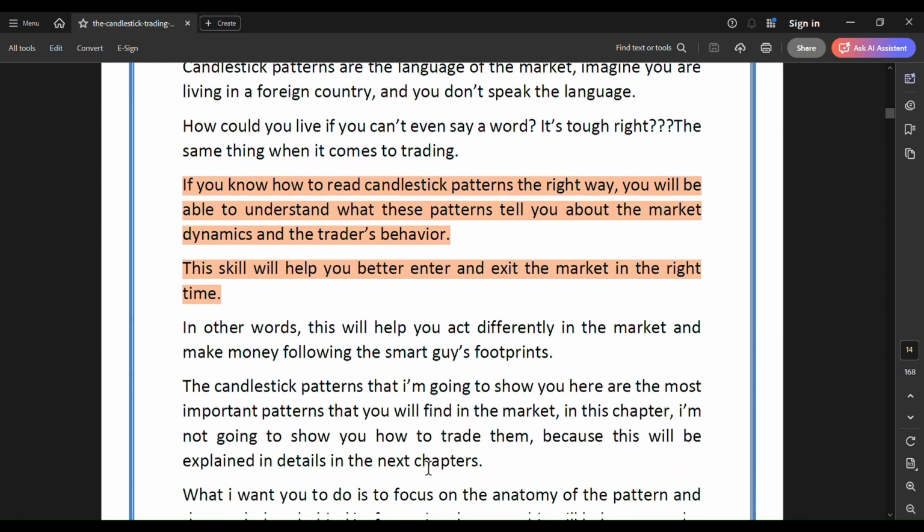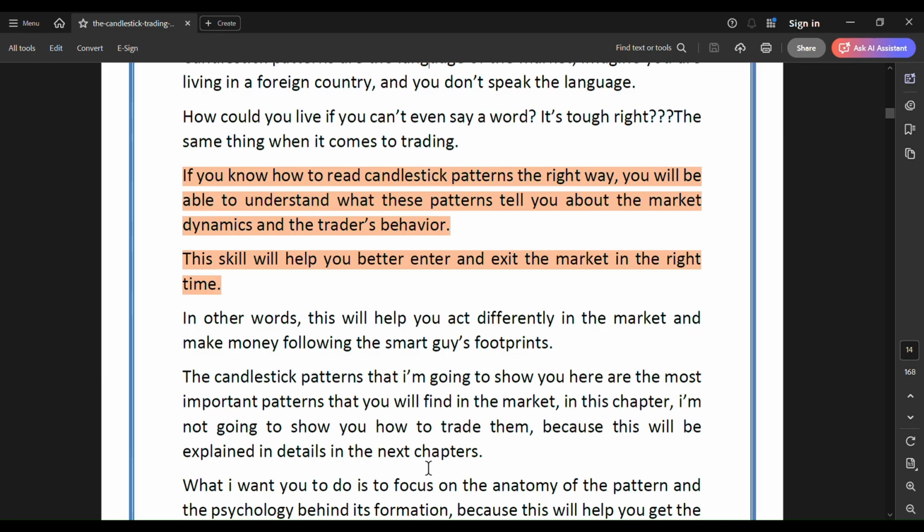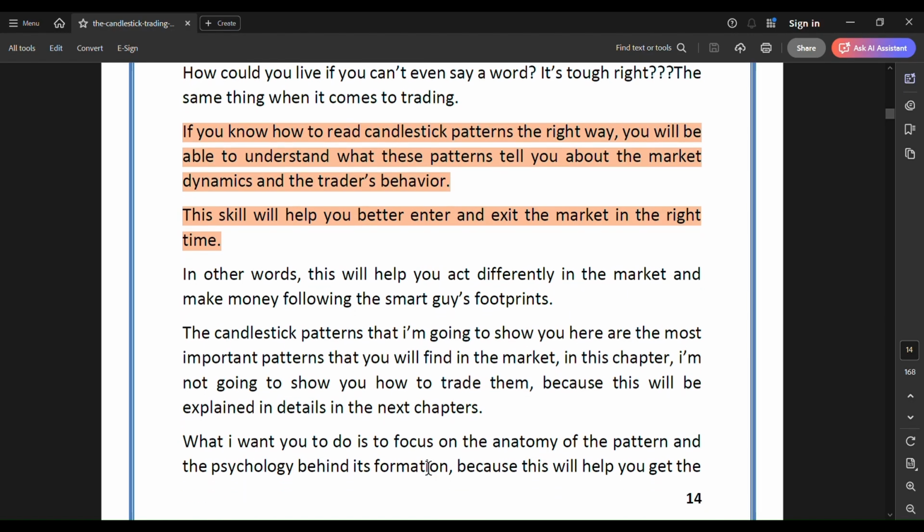If you know how to read candlestick patterns the right way, you will understand what they tell you about the market dynamics and the trader's behavior, in other words, the trader's psychology. You could see exactly where price is playing, and this will help you better enter and exit the market at the right point in time. You know when to enter and when not to enter, also when to exit and when not to exit in your trades.